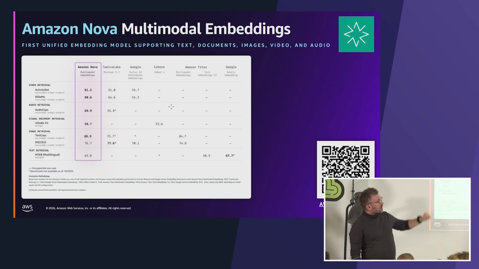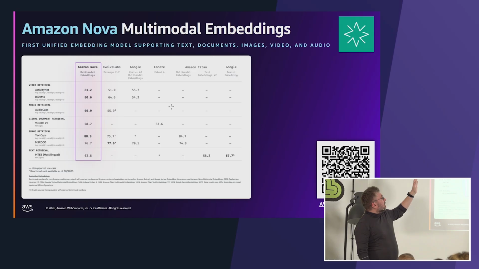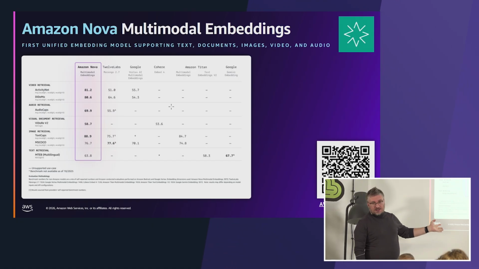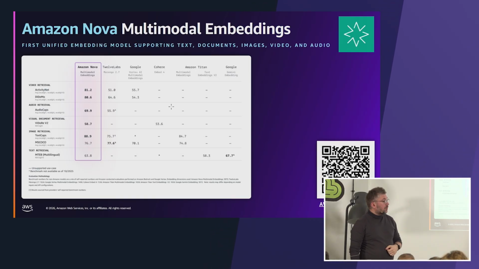Before this announcement, we had Amazon Titan for that. But Amazon Nova is also the first multimodal embedding model. So you see, it can retrieve video, audio, visual documents, image, and text, and it's all one embedding model, right? So back then, it was the first model that was able to do that.